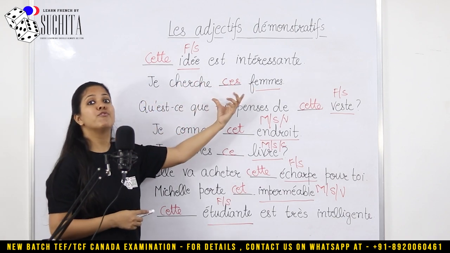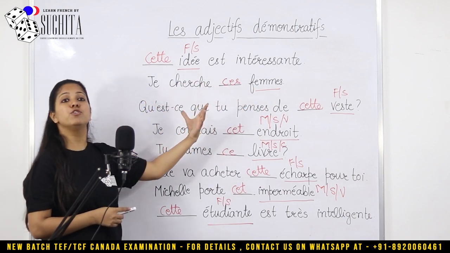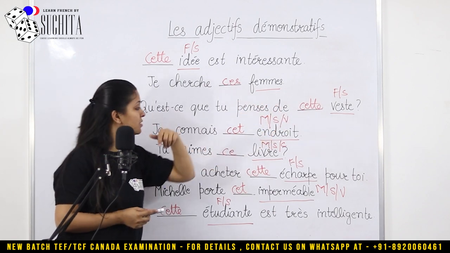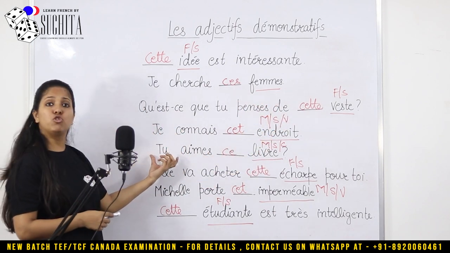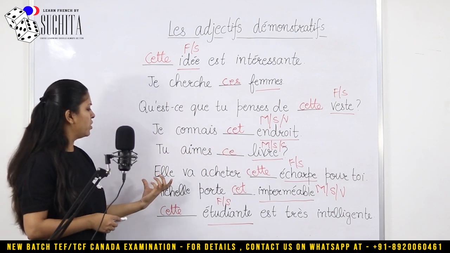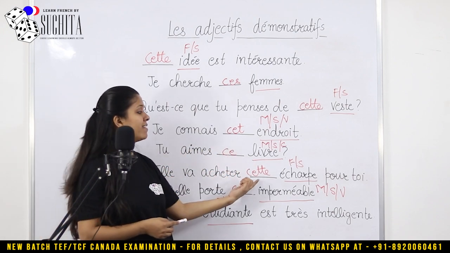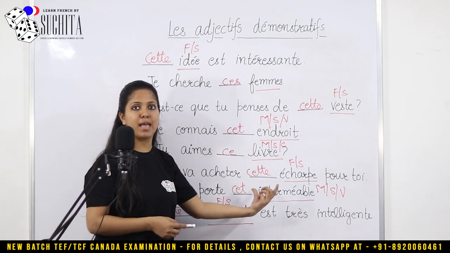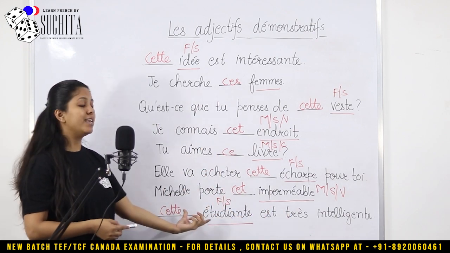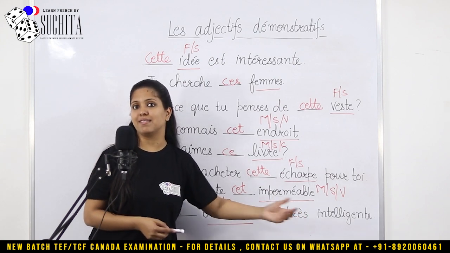Je cherche ces femmes. Qu'est-ce que tu penses de cette veste? Je connais cet endroit. Tu aimes ce livre? Elle va acheter cette écharpe pour toi. Michel porte cet imperméable. Cette étudiante est très intelligente.